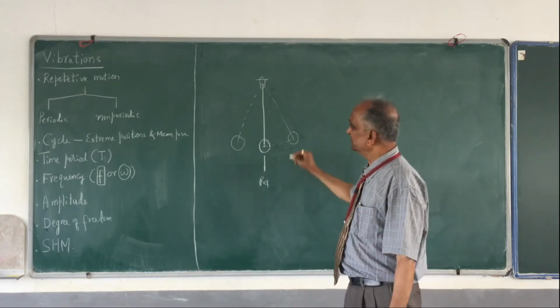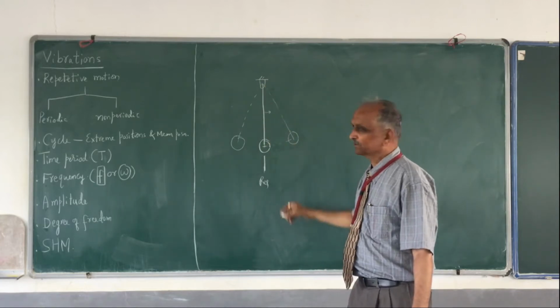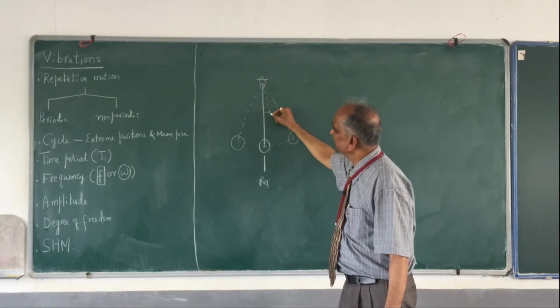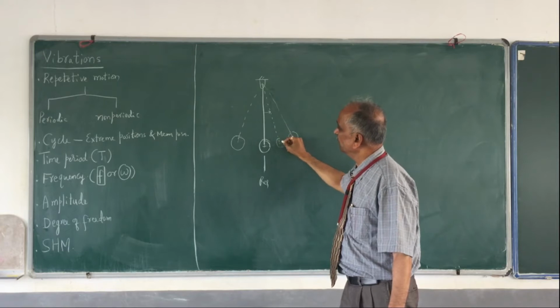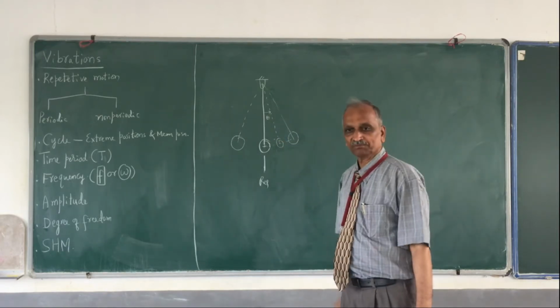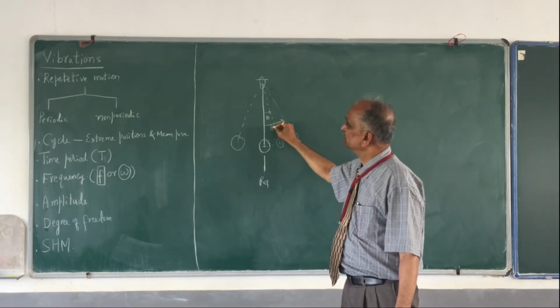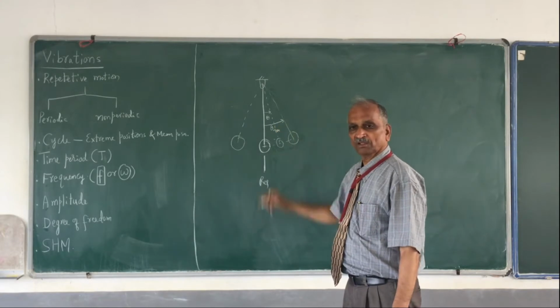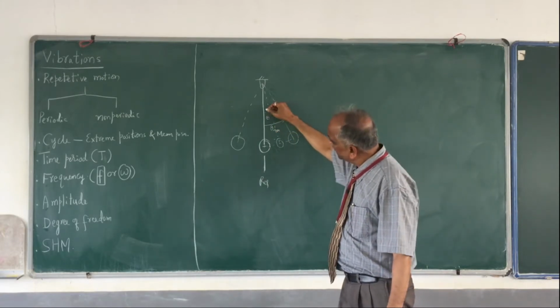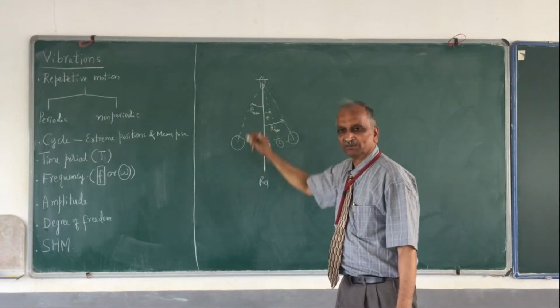This is the position of the pendulum at some instant, and the angle made with respect to the mean position, the displacement, I shall call theta. At the extreme this is theta maximum, and on this side also it is the same angle, theta maximum.